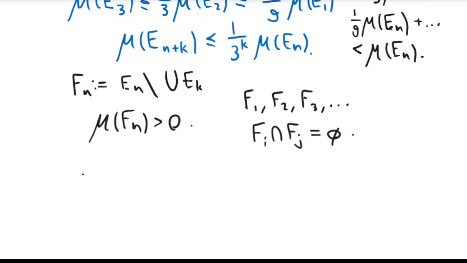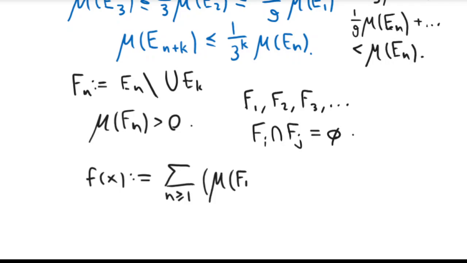So now what we can do is define a function, which we'll call f of x, and this will be the sum over n greater than or equal to 1. We'll take mu of Fn to the negative 1 over s, and multiply it by the characteristic function of Fn.